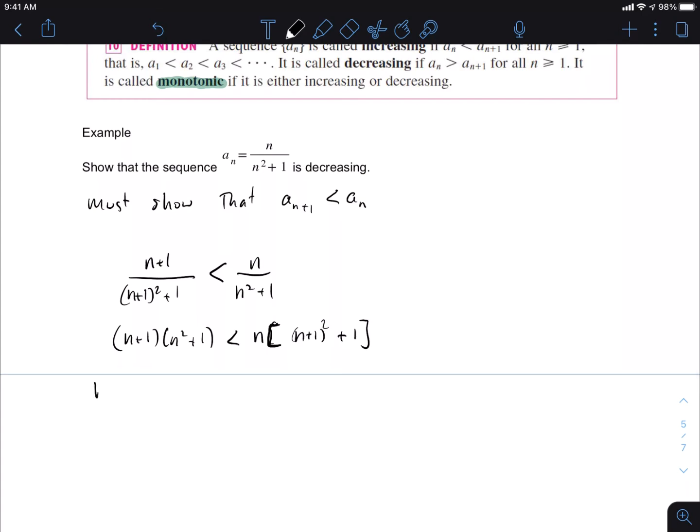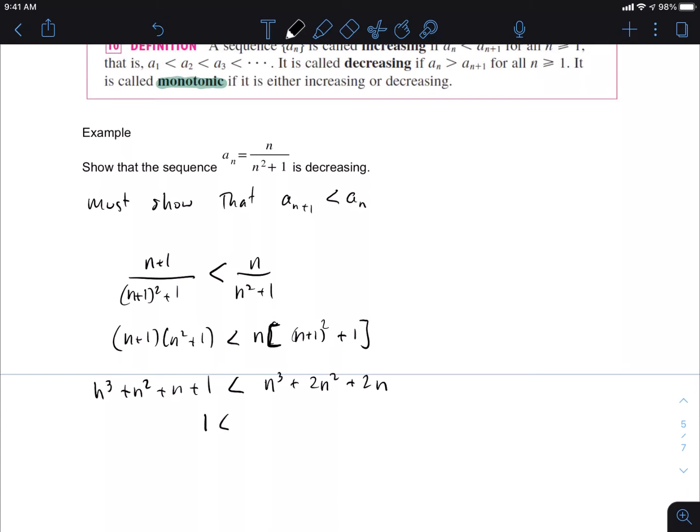And this is going to become n cubed plus n squared plus n plus 1. And over here, I'm going to get n cubed plus 2n squared plus 2n. All right, and so we see some things are going to cancel.